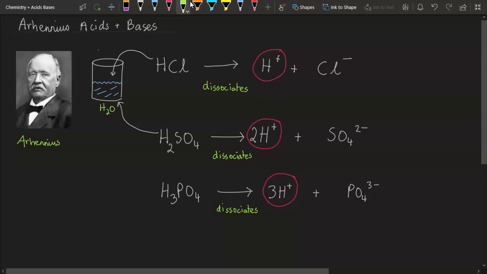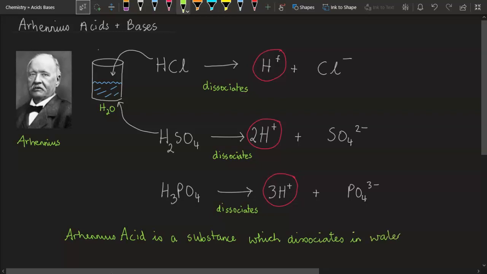So the Arrhenius acid is a substance which dissociates in water to produce hydrogen ions.